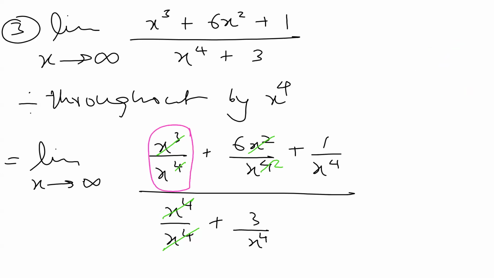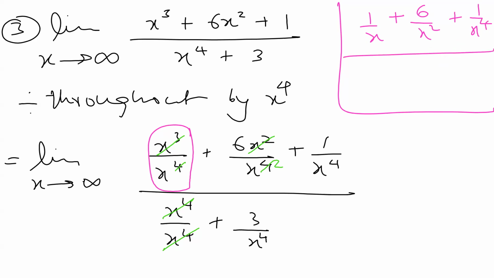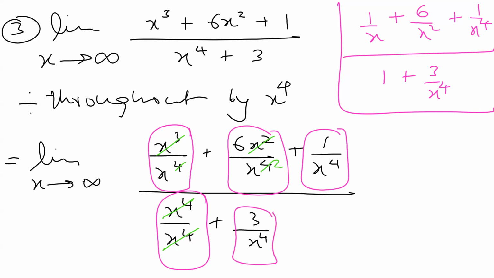This is 1 upon x. 1 upon x plus 6 upon x square plus 1 upon x raised to 4, and x raised to 4 upon x raised to 4 is gone. So 1 plus 3 upon x raised to 4. Each and every term I have written separately for you. You can write limit over here, all those things you can write over here, and then put x as infinity.